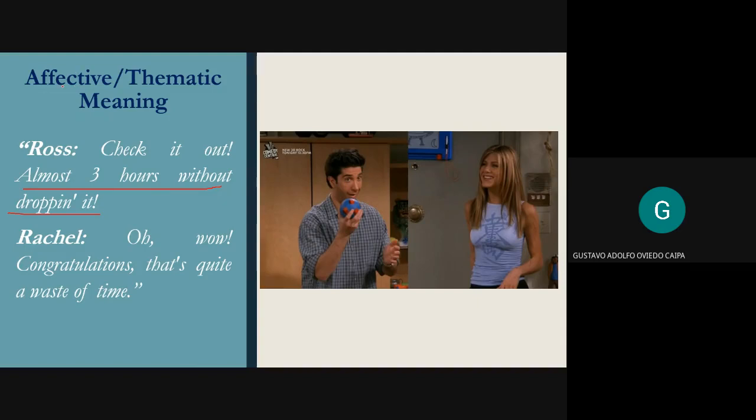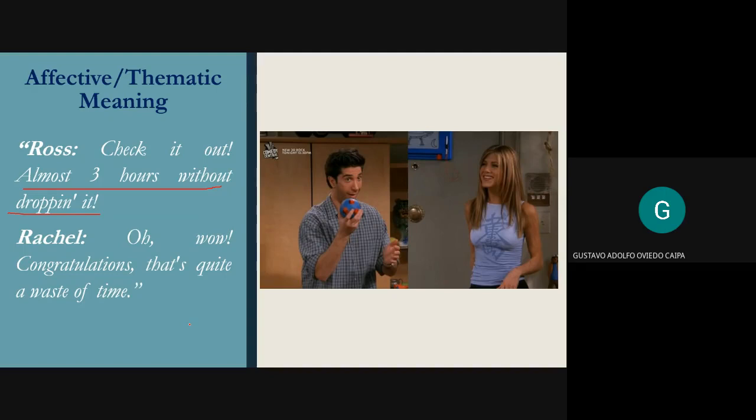As for affective, you see how Rachel is smiling? She's not really expressing dislike or disgust, but her words make it really clear. "Oh wow, congratulations, that's quite a waste of time." And she's smiling all the time. That means that the language she's using is showing you clearly what she feels about the activity they're doing.